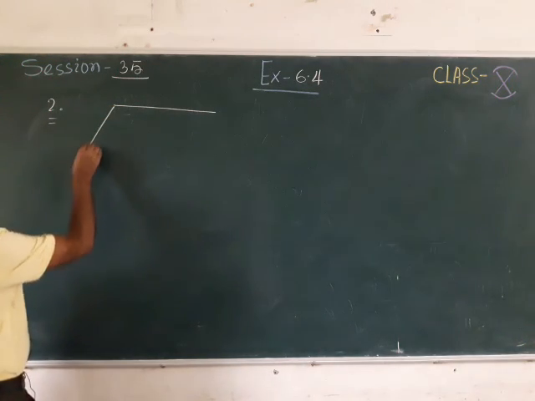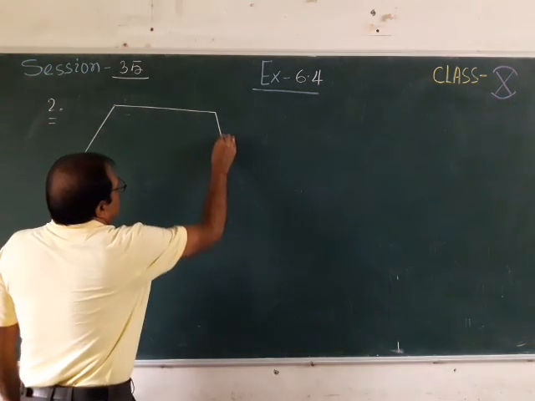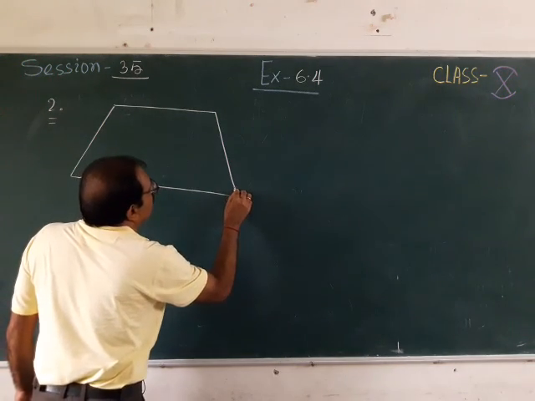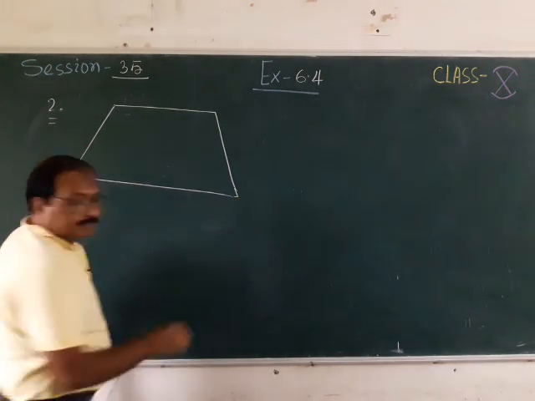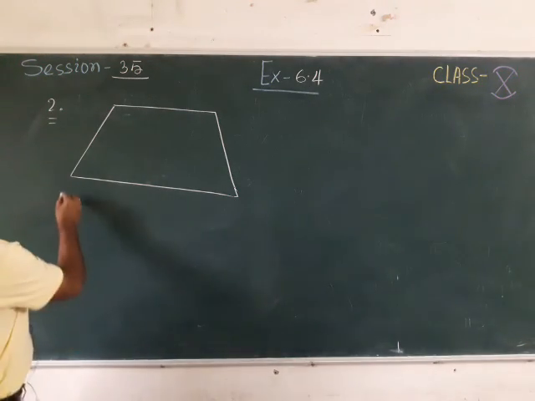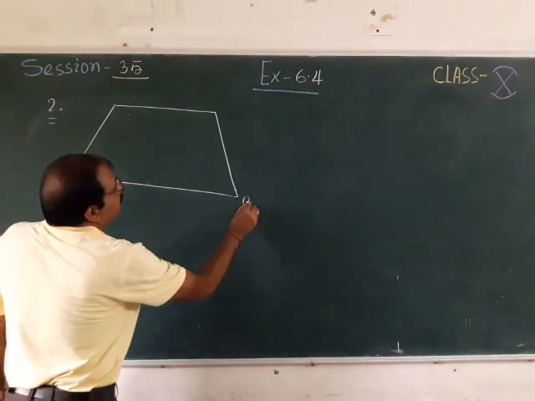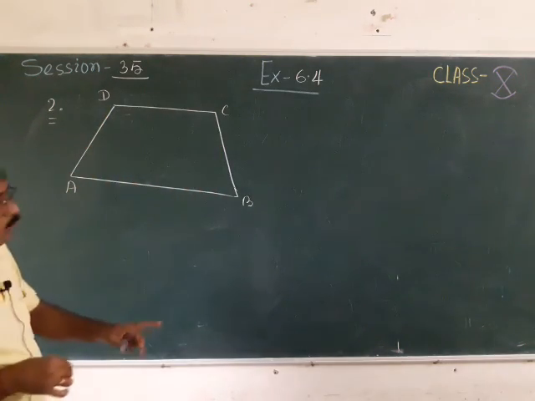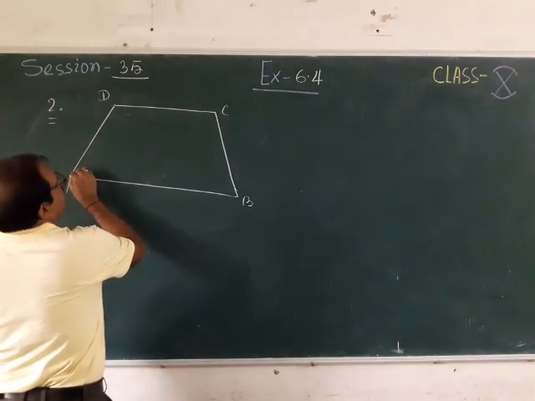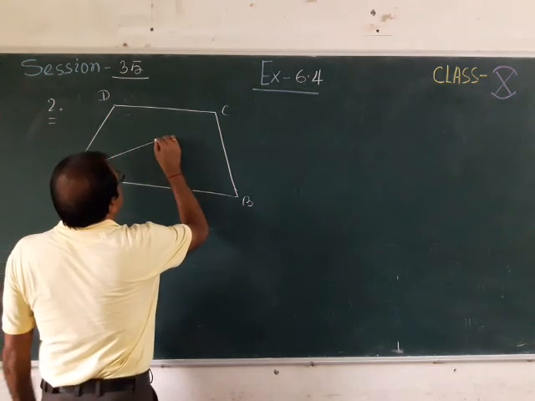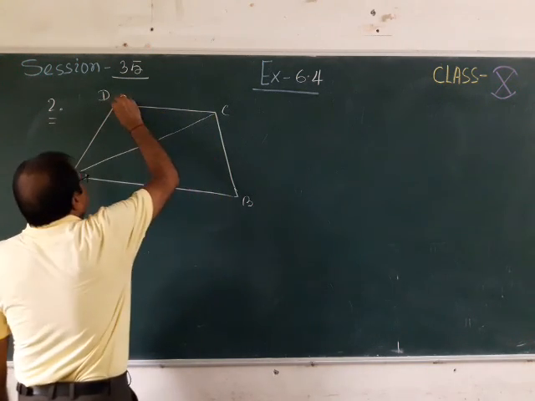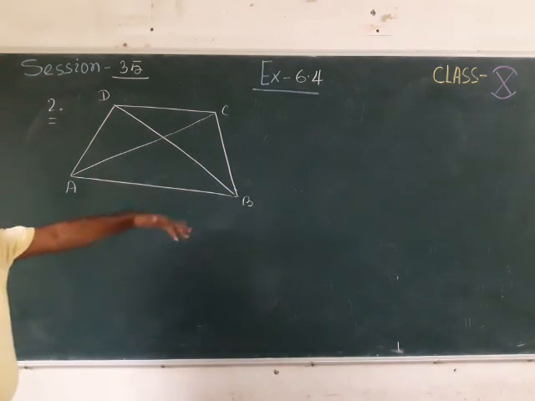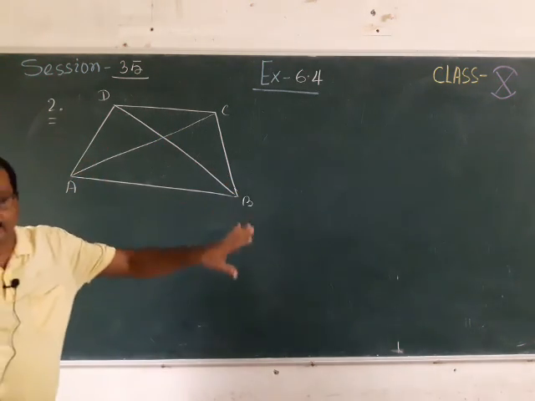Suppose this is the trapezium, and its vertices are named A, B, C and D. Now you need to join the diagonals AC and BD. These diagonals AC and BD are joined there.